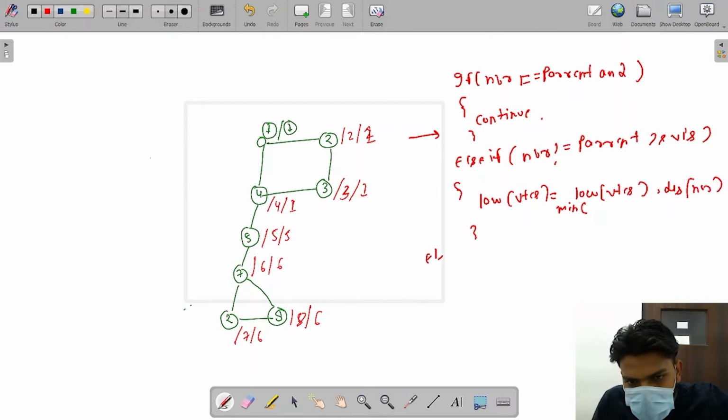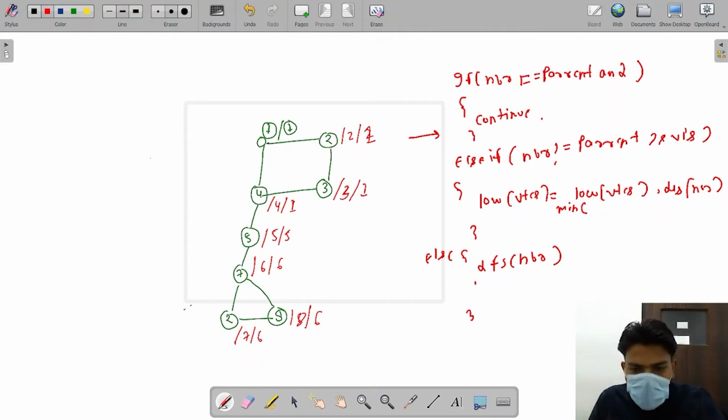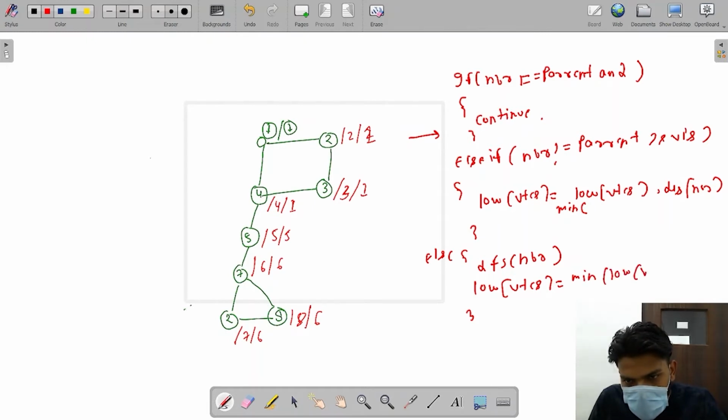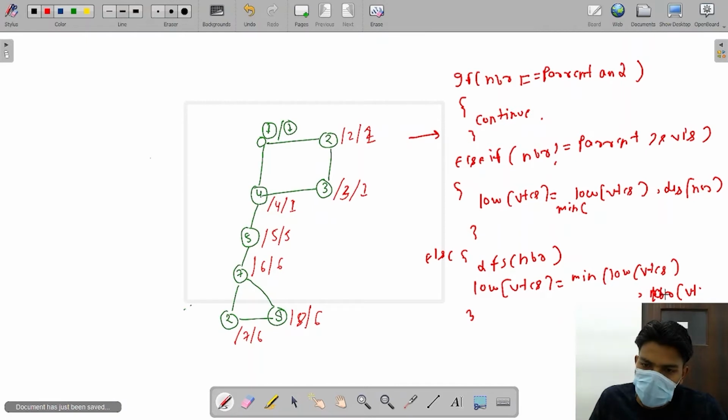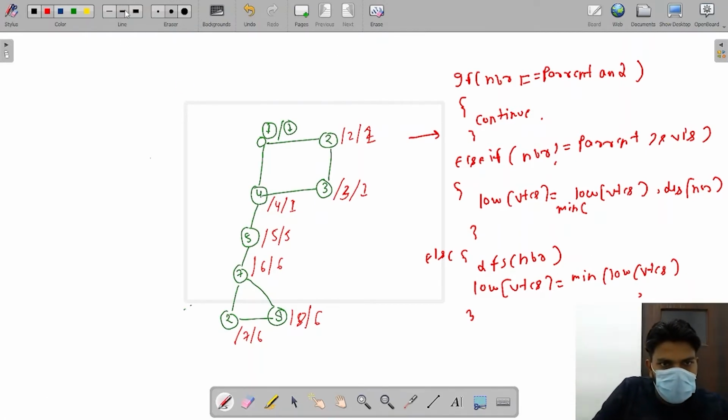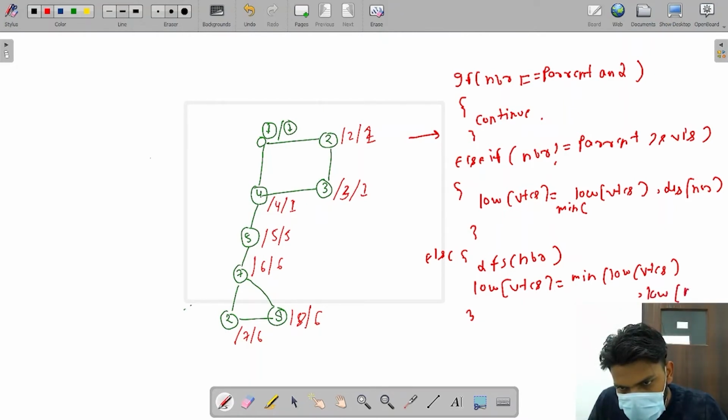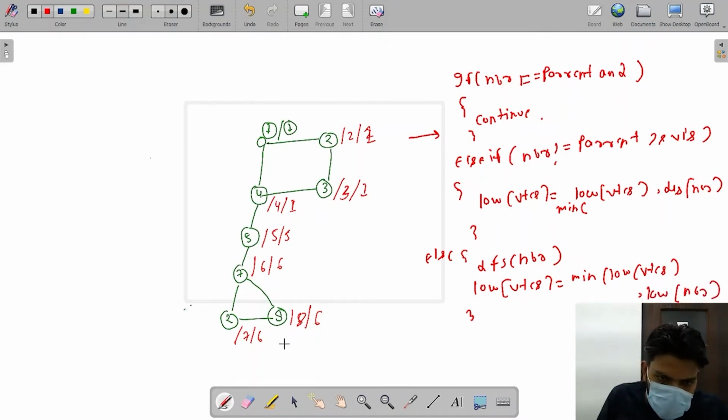And the third condition is we call the DFS of its neighbor, and in post order we update our low value with its child: low value of itself, comma, low value of neighbor. Okay, we just update it. This update happens at the time of backtracking. You understand, I wrote it previously.